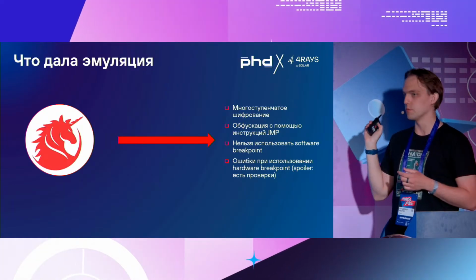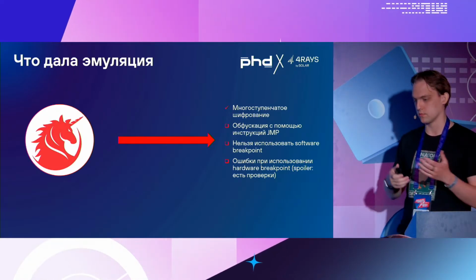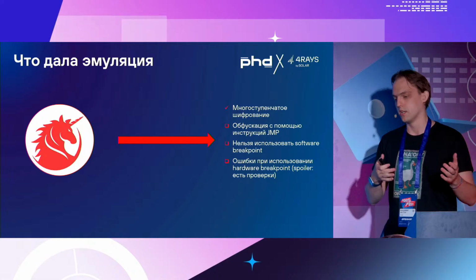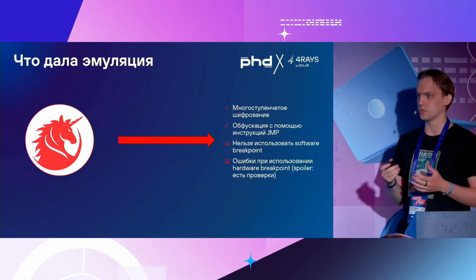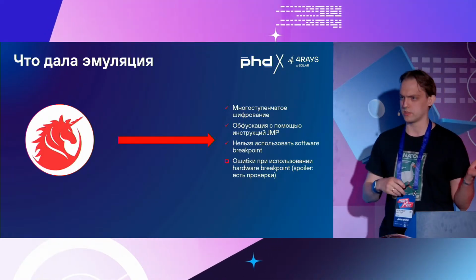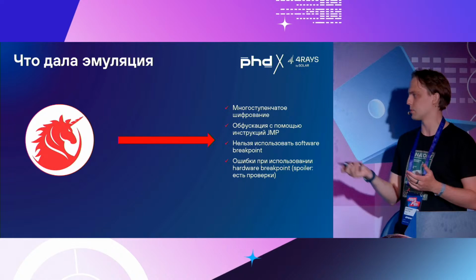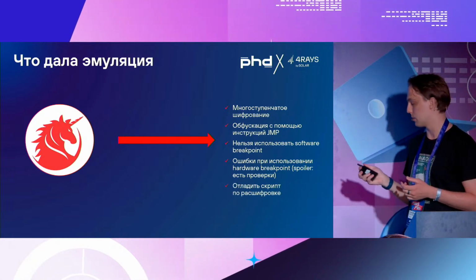So why did I opt for emulation? There was multi-step ciphering, as I said, encoding. Emulation certainly was a big help. The breakpoints I didn't have to use, because that's an emulation.